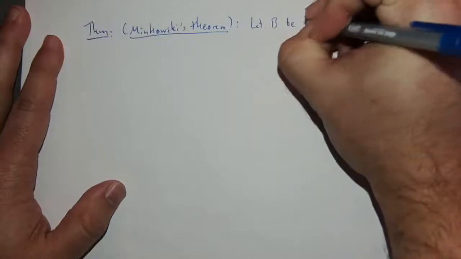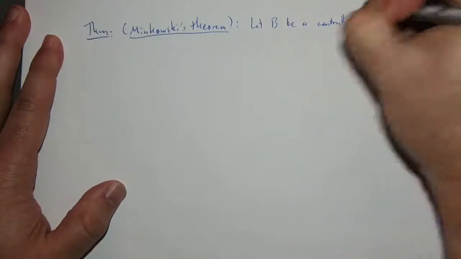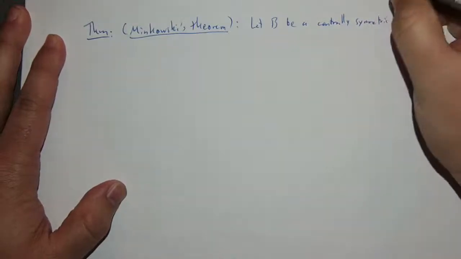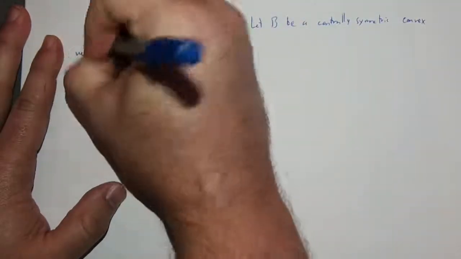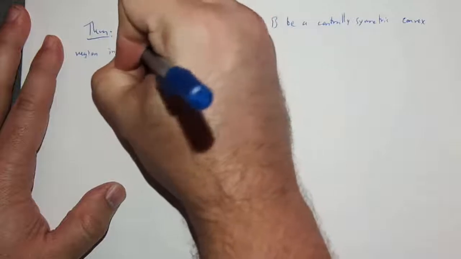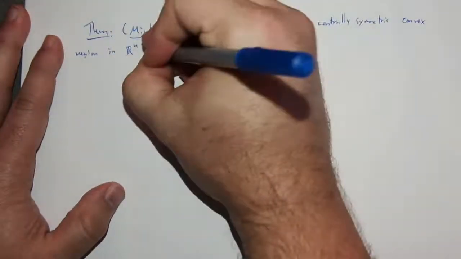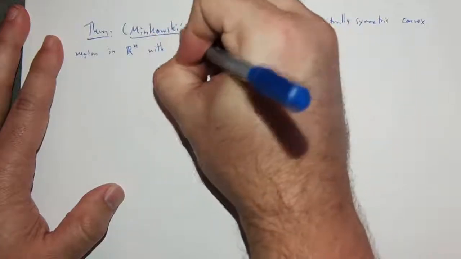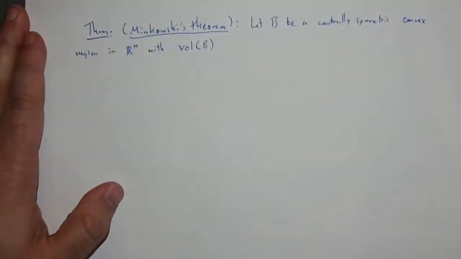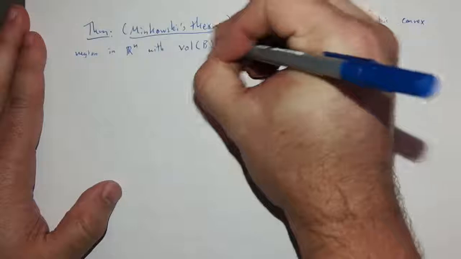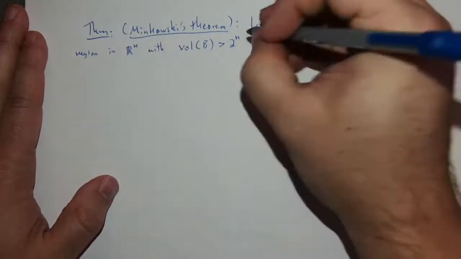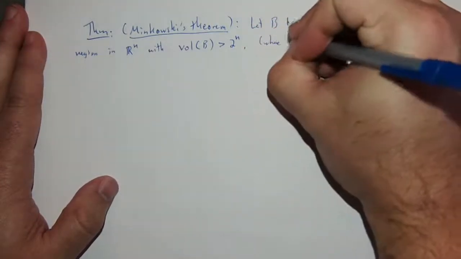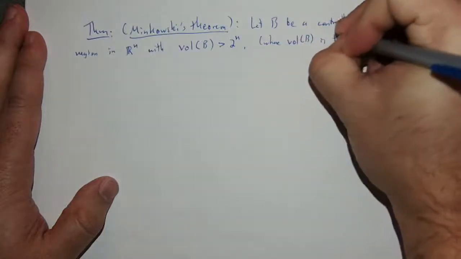So anyway, what's the statement? Let B be a centrally symmetric convex region in space with the volume of B, where volume is the n-dimensional volume form, greater than 2 to the n.